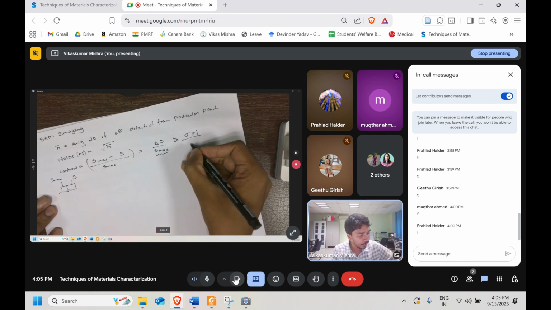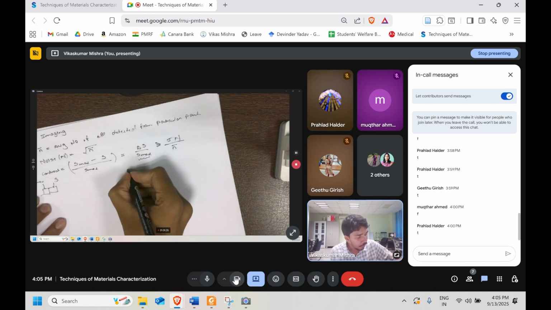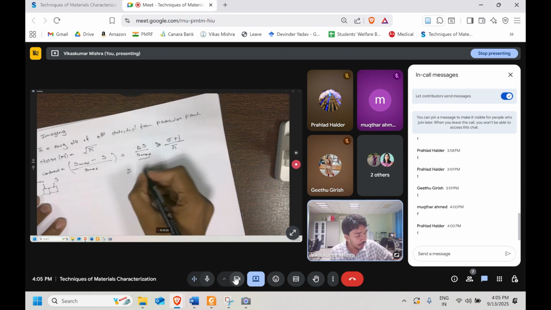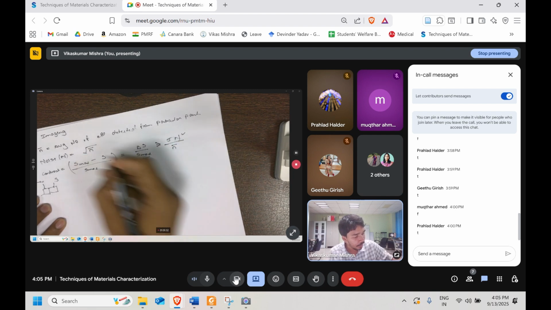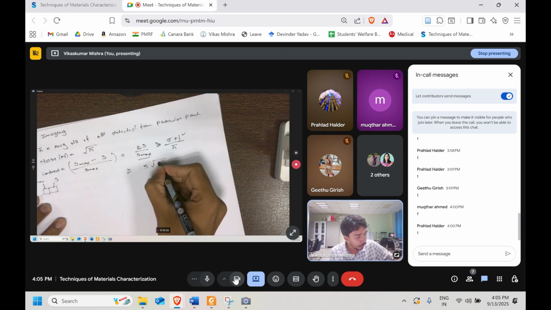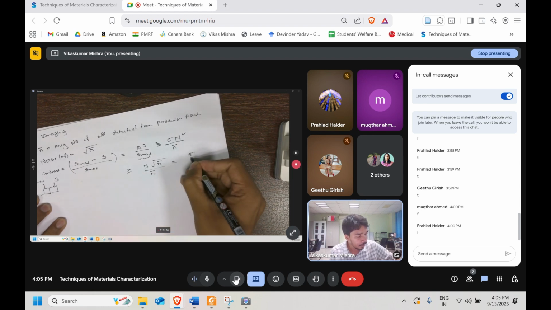The number which we are getting is that n bar. Now we can further simplify it: 5 times this noise, which we have defined as root over n bar, divided by n bar, that is 5 divided by root over n bar.